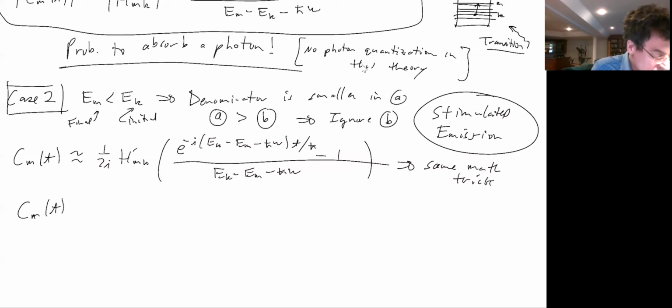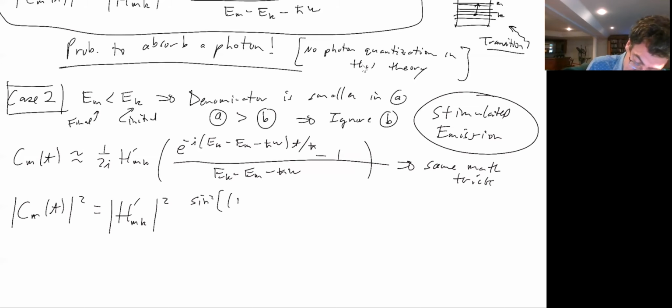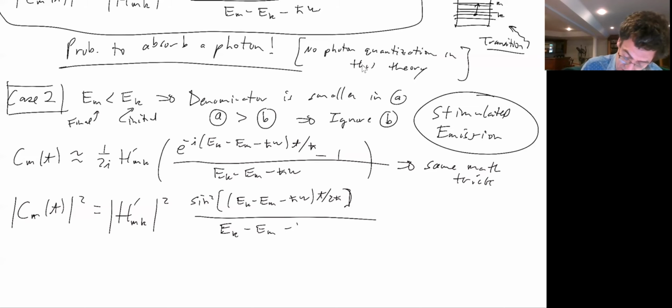Cm of t squared, when we calculate it, is going to equal the matrix element squared times sine squared of (EK minus EM minus h bar omega) over 2 h bar, divided by (EK minus EM minus h bar omega) squared.